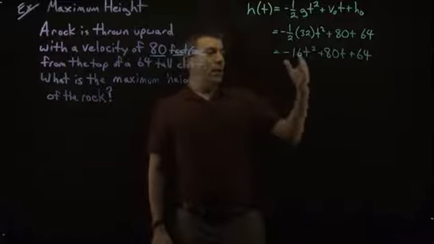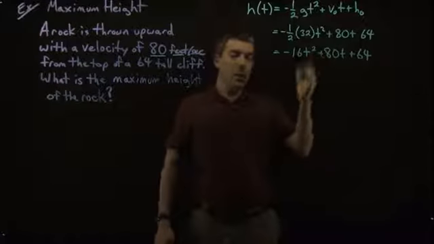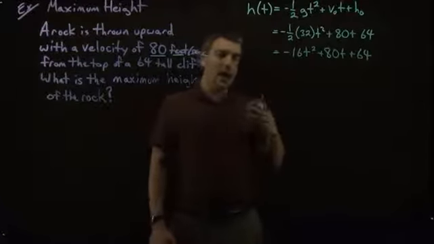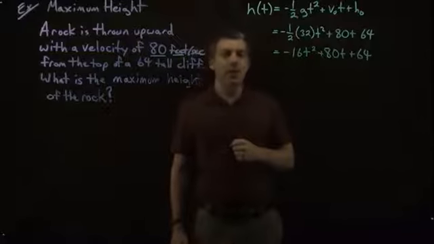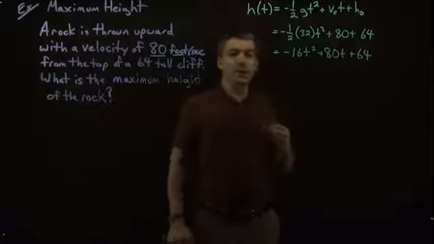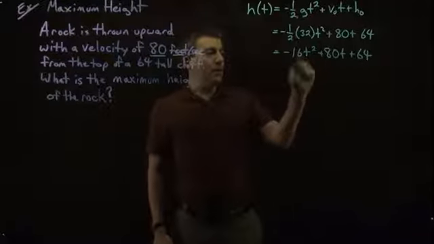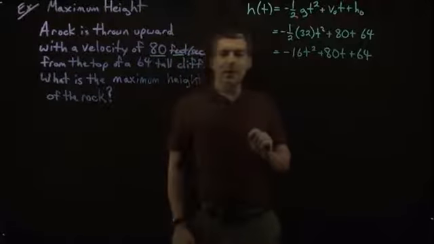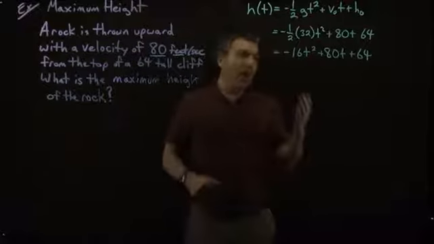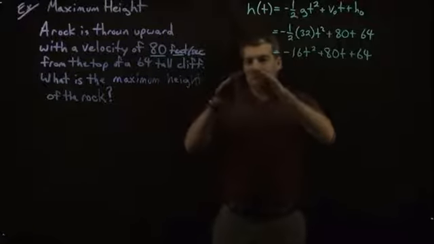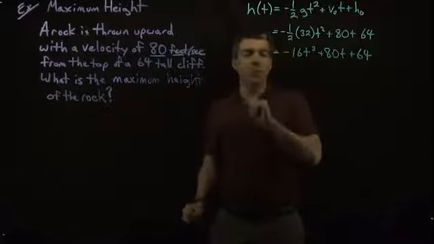Recall that the vertex is either the maximum or minimum depending on the a, and the a is the coefficient of the quadratic term. That's the term with the variable squared. This is that term, with t squared, and its coefficient is negative 16. That means if we were to graph this, we would get a parabola that opens down. The vertex would be the maximum.